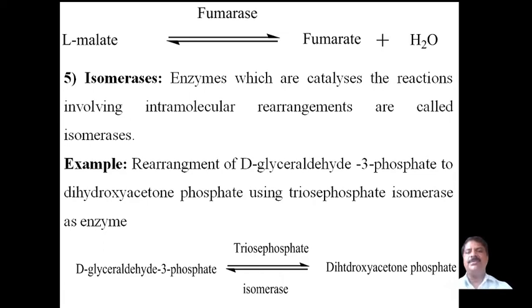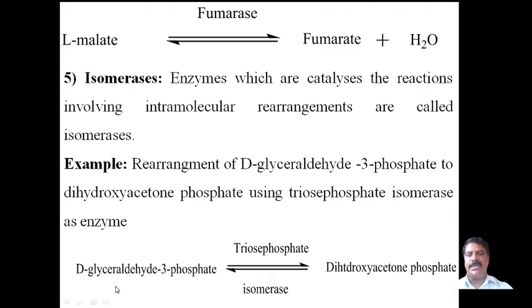Now coming to an example: the rearrangement of D-glyceraldehyde 3-phosphate, the dextrorotatory glyceraldehyde 3-phosphate, to dihydroxyacetone phosphate using triose phosphate isomerase as an enzyme.